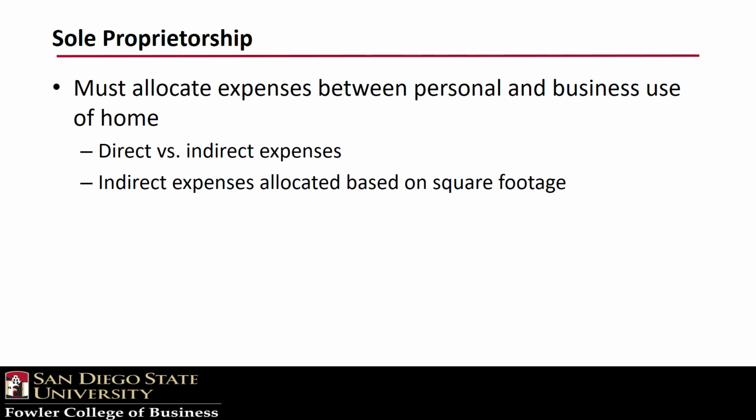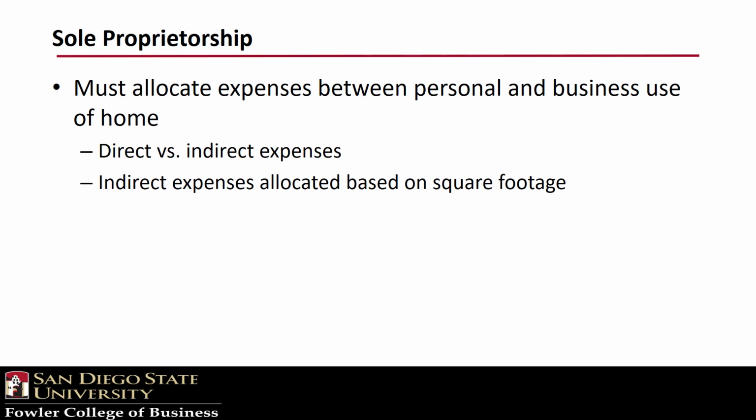For example, the home typically has only one electric bill, and the cost of electricity, therefore, is both a personal and business expense. So most often, indirect costs such as utilities, cleaning, and depreciation are going to be allocated between personal and business use based on the proportion of home office square footage to square footage in the total home.